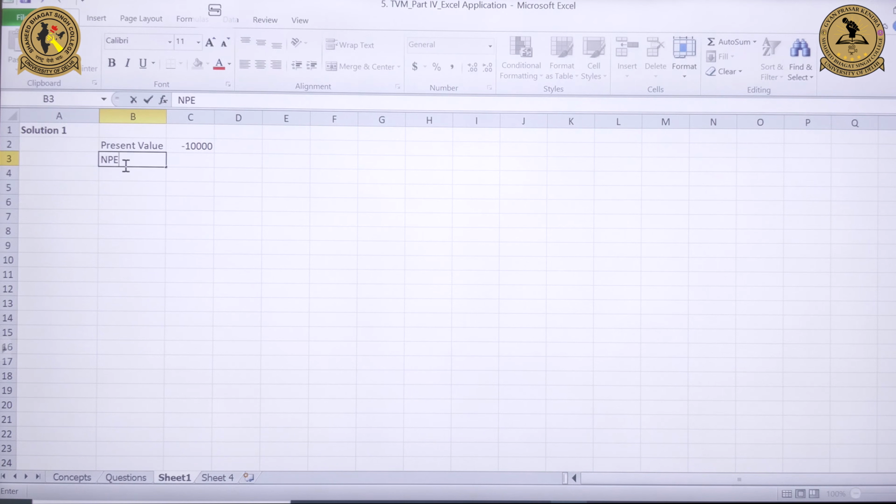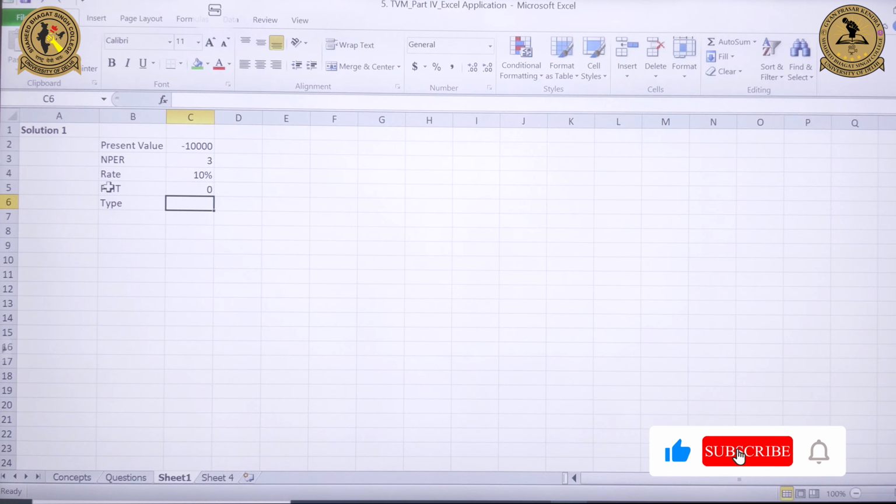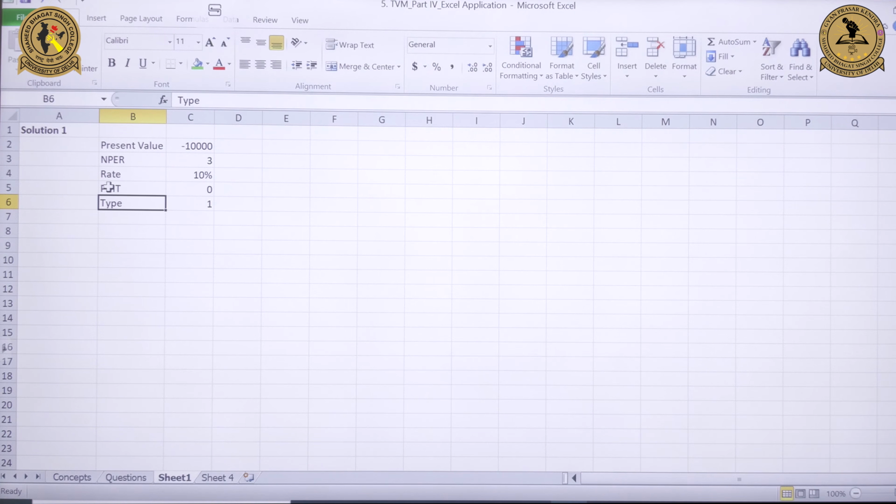In this case, the time period NPER is 3. The rate of interest is 10%. Since this is not a case of PMT, it will be considered as 0. And type, since we are making the investment at the beginning of the period, is type 1.